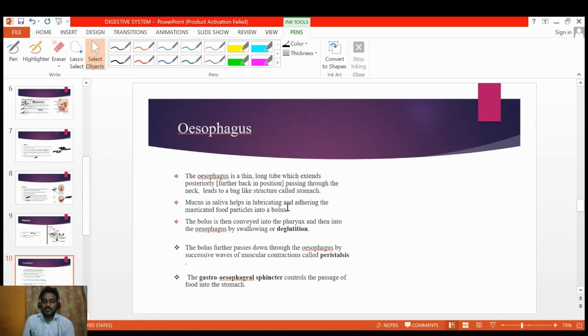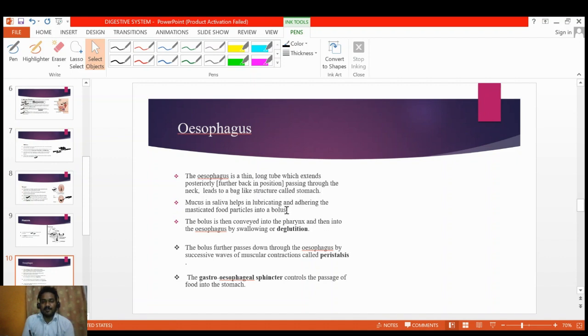Next step after this: the food passed down by the esophagus does not move in a straight way. It passes very slowly by muscular contraction, which we call peristalsis.